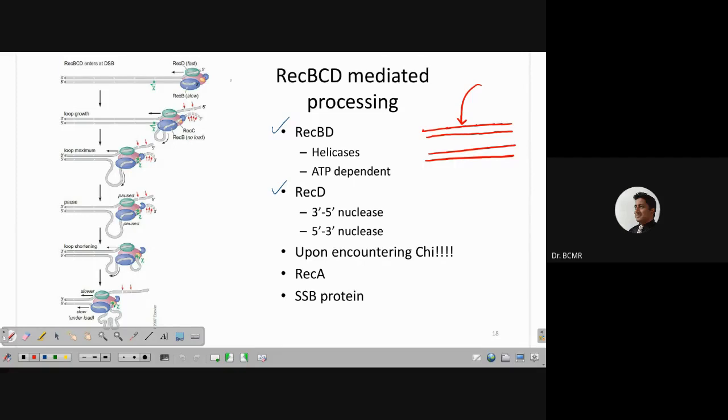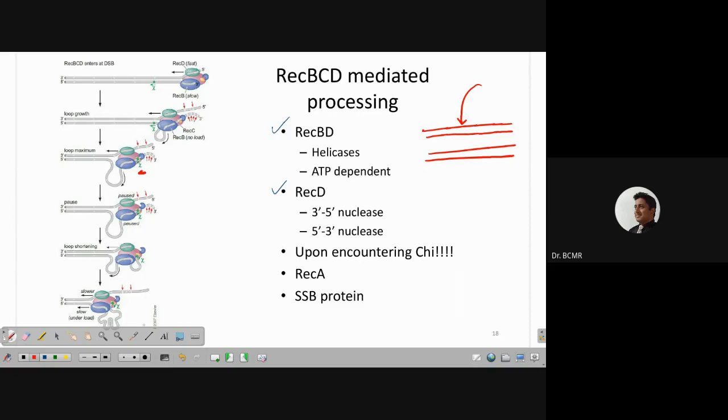It's not with absolute certainty, but you can say it's probable that it is from E. coli. So RecBCD proteins will degrade the incoming DNA, but if it encounters a Chi sequence, like in this case, that strand will not be broken, and you'll have the other strand broken by these proteins.